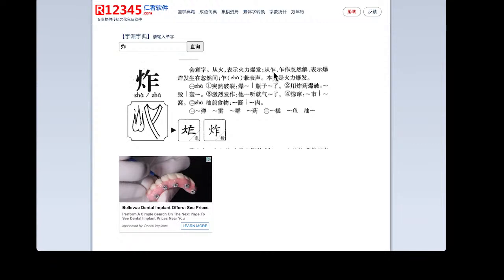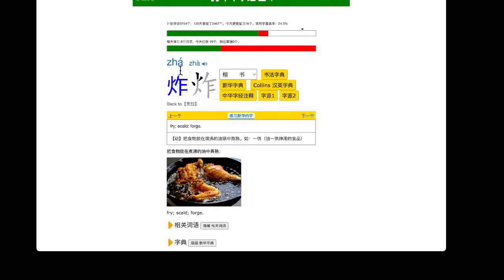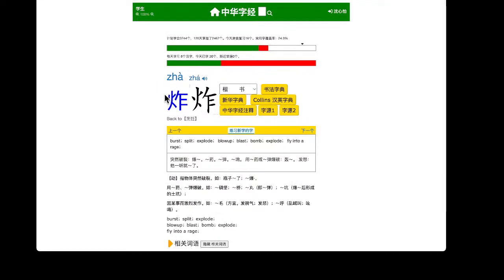And on the right hand side is the character 乍, which of course represents the sound. Now this character has a second pronunciation and second meaning. It means burst, explode, split, blow up, blast, bomb. That kind of meaning.